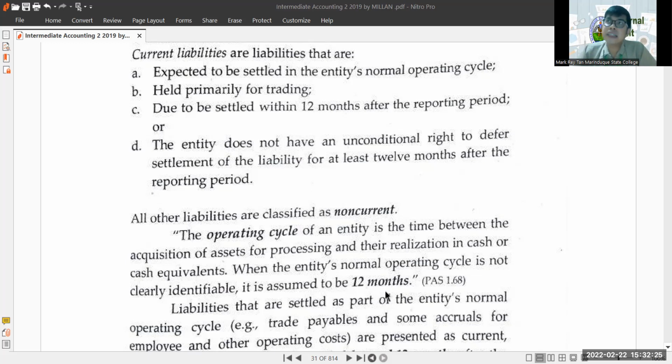Okay? I cannot think of a business entity that has an operating cycle of less than 12 months, but I can think of entity or organizations that have more than 12 months as normal operating cycle. So ang example kadalasan is yung mga construction companies.